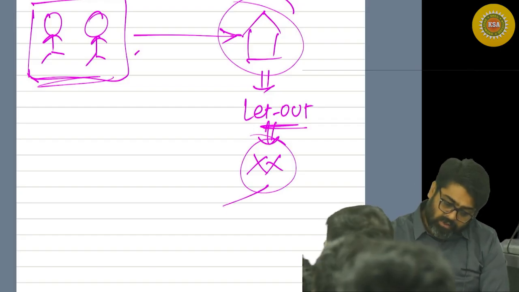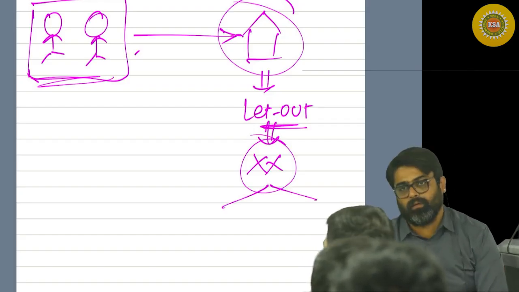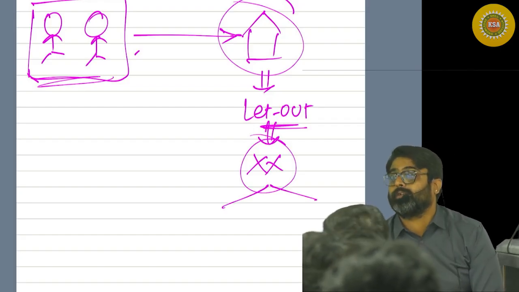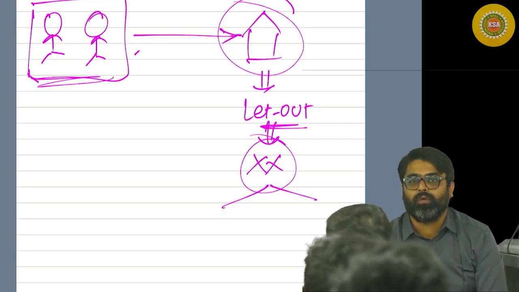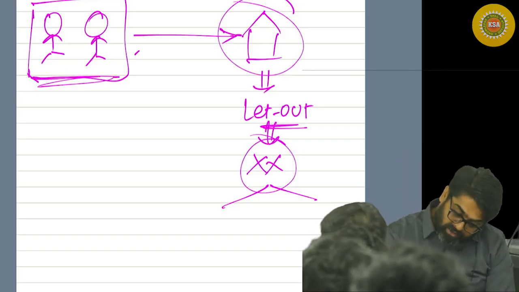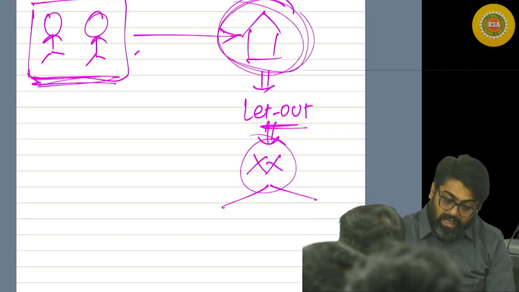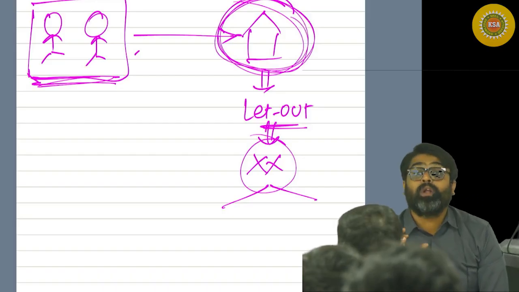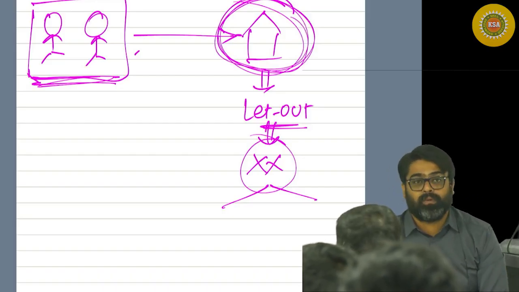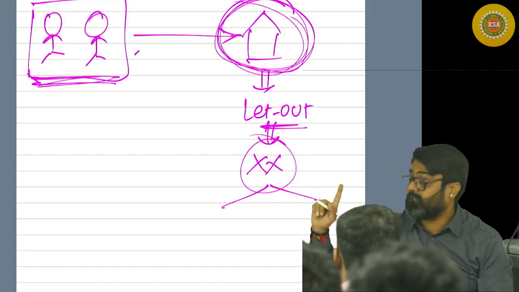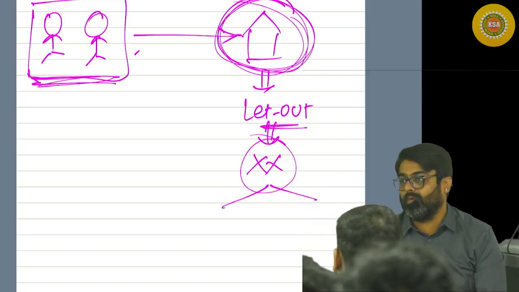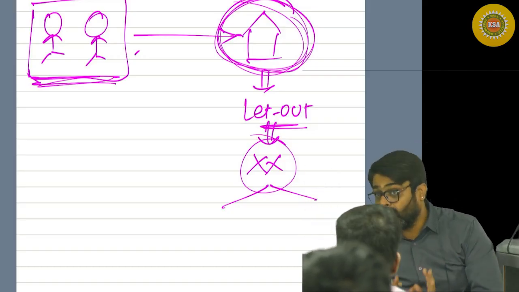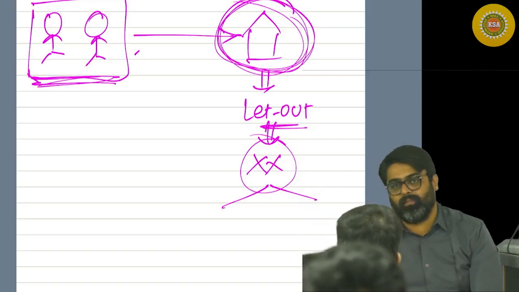Now this income will be split in the ratio of ownership, the ratio in which the owners have ownership share in the property. But for that, the ownership ratio should be known, or it should be ascertainable.